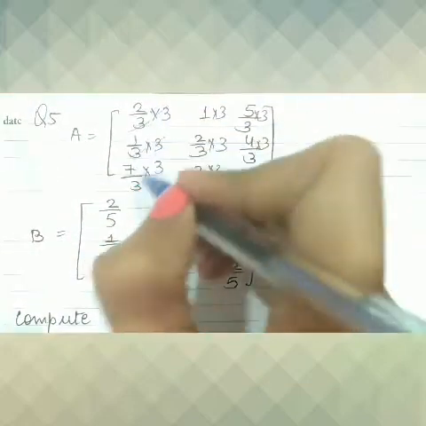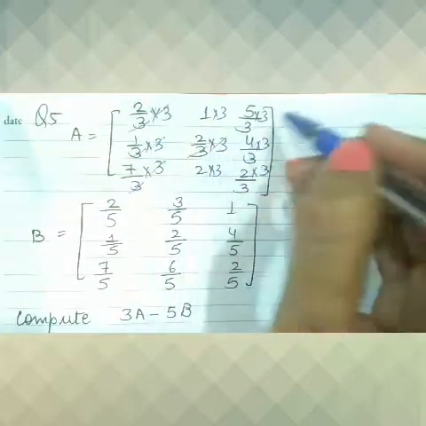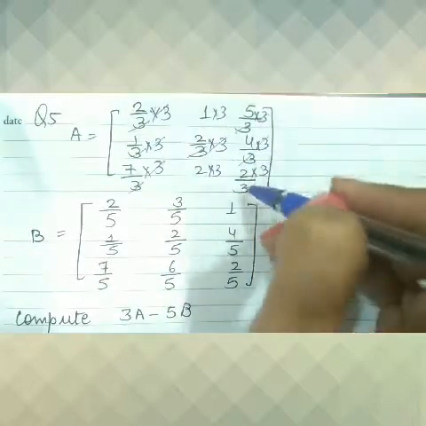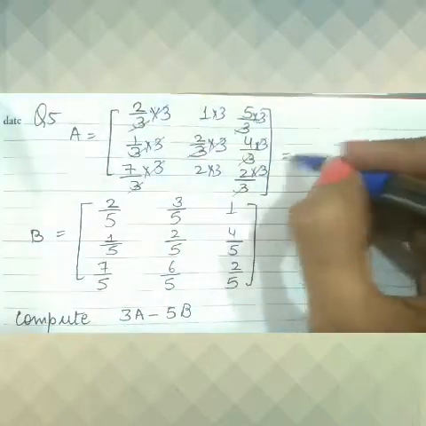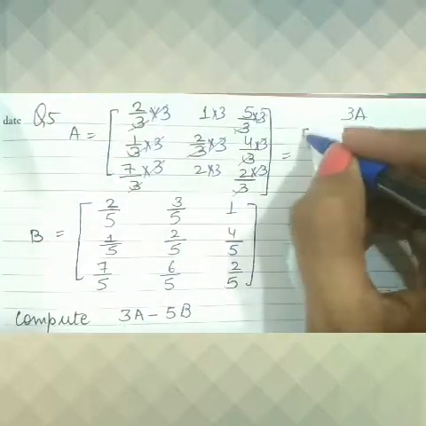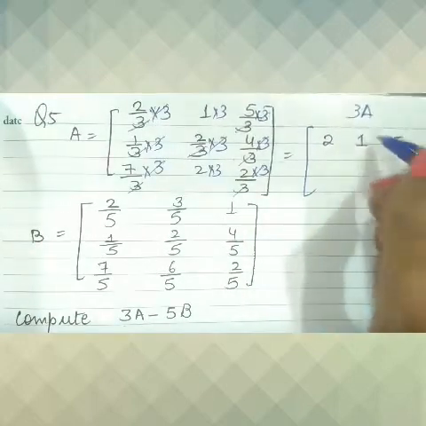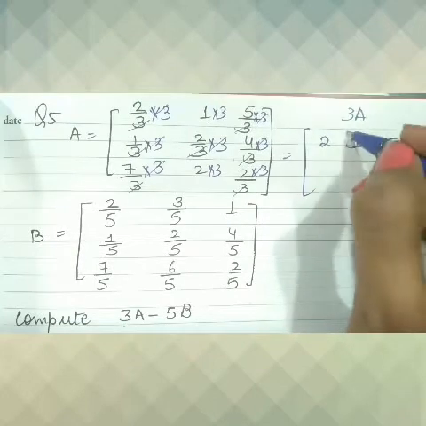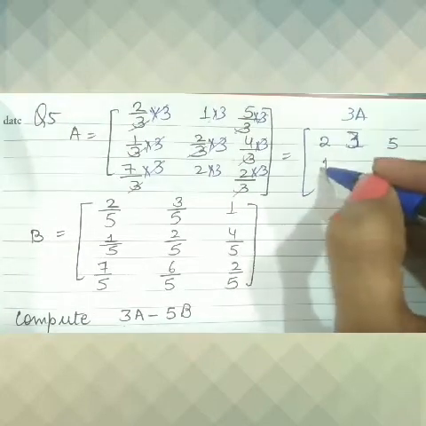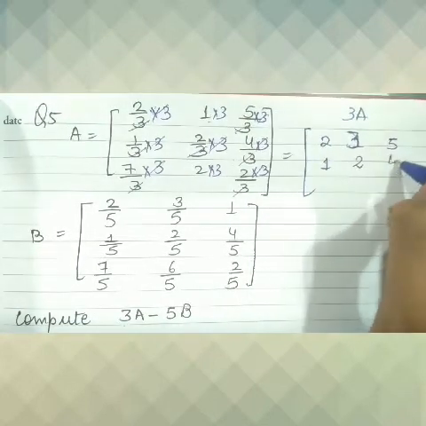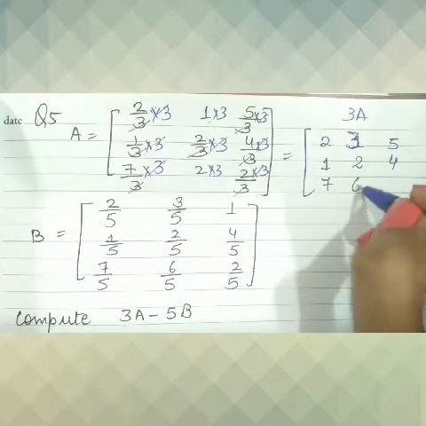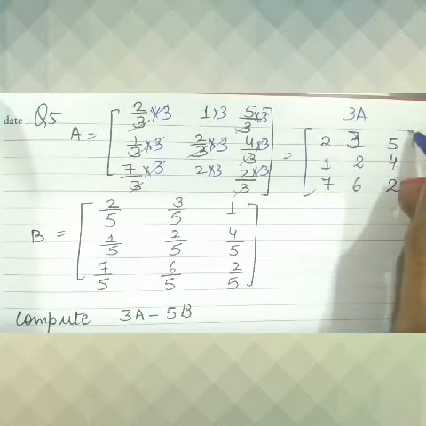The resultant 3A matrix will be 2, 1, 5. 1 into 3, this will be 3. 1, 2, 4, 7, 6 and 2.